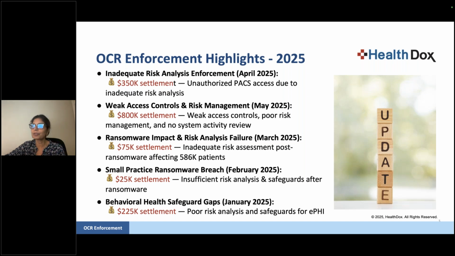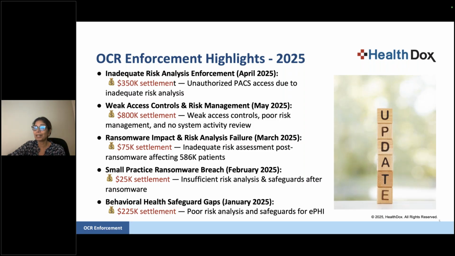So OCR enforcements. Let's take a quick look at the recent OCR trends in 2025. I'm sure all of you are aware of what OCR is, but a brief overview: the Office for Civil Rights, OCR, is under the HHS and is responsible for enforcing HIPAA regulations. Over the past few years, OCR has ramped up its enforcement efforts, focusing especially on right of access violations and on breach reporting failures.